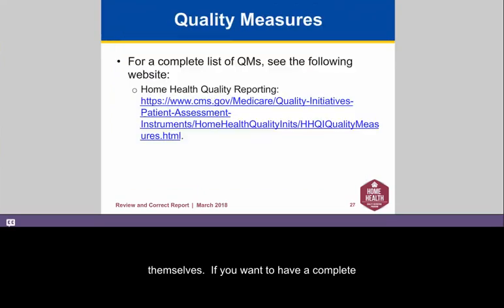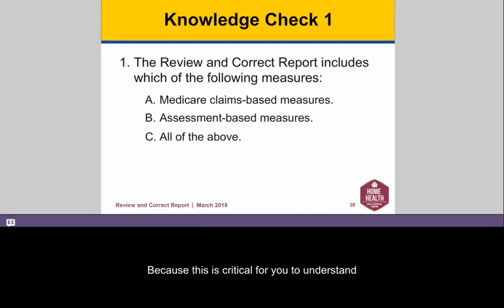If you want to have a complete list with more information, again, this is a live link below. When this presentation is over, take the time to go into each of these websites, take a look at this information, because this is critical for you to understand what we are talking about.